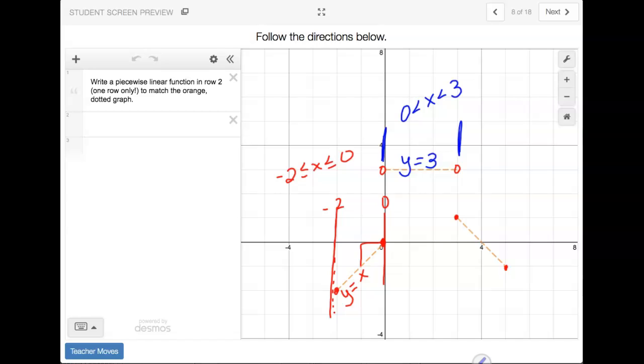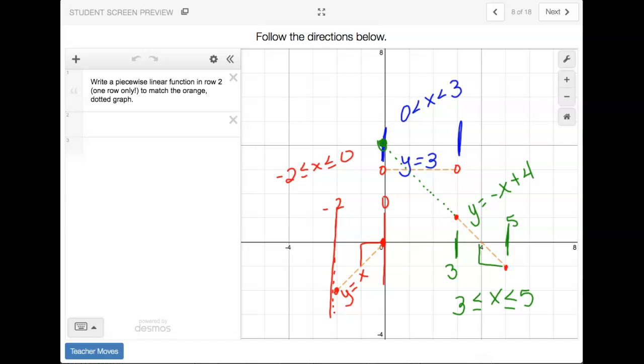And then the third part has a domain from 3 to 5. And if we look at the slope of our line, we are going down 1 over 1. So our slope is -1. And if we extend that back, you'll see that we're touching here. We would have a y-intercept of 4 if we wanted to extend that line.